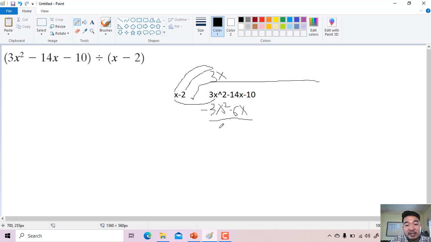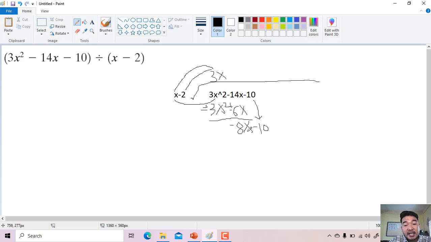Subtract 3x squared by 3x squared, 0 na yon. Then negative 14x minus negative 6x. So magiging plus tayo dyan, ano? Magiging plus. And then we proceed to addition sa subtraction of polynomials. Negative 14x plus 6x is equal to negative 8x. Okay? And then we bring down negative 10. So you bring down negative 10. So you have negative 8x minus 10.